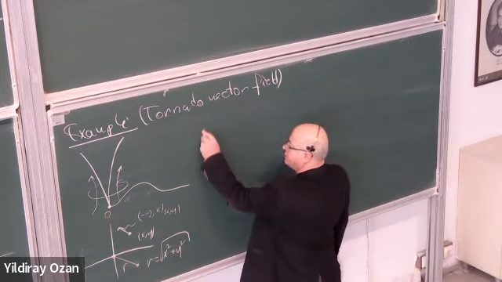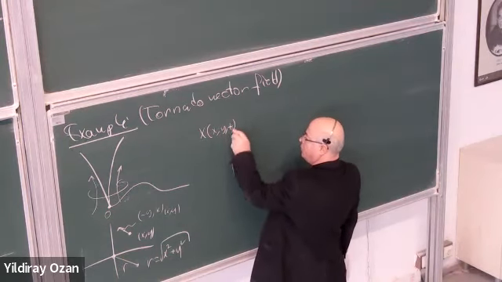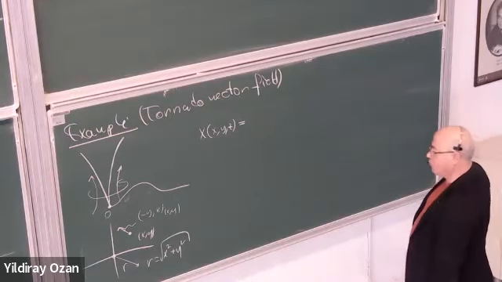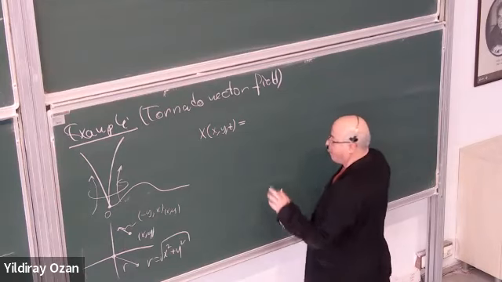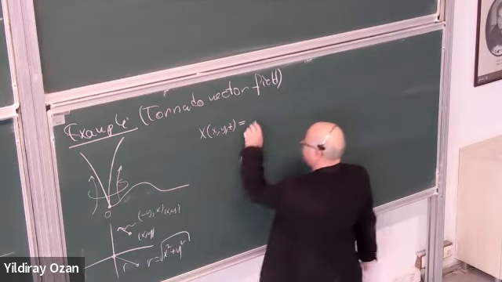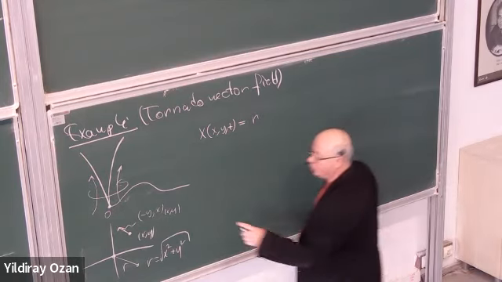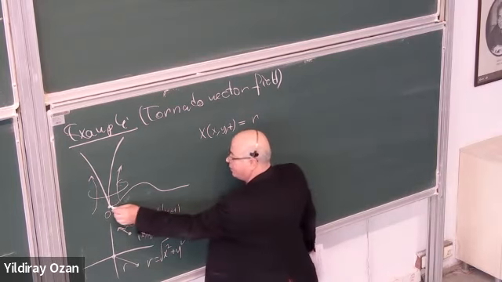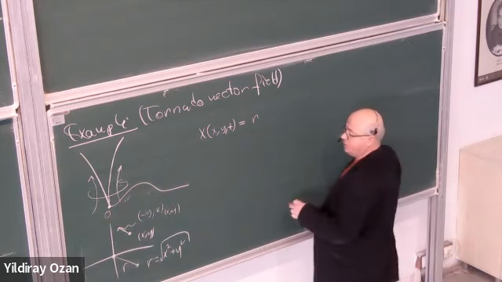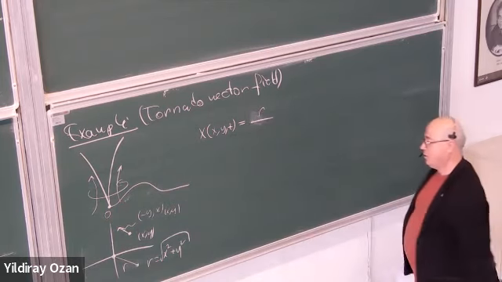So I guess we can write down our vector field as follows. When r is 0, it should be 0. And as you move from the origin, it gets big, but then it again goes to 0.